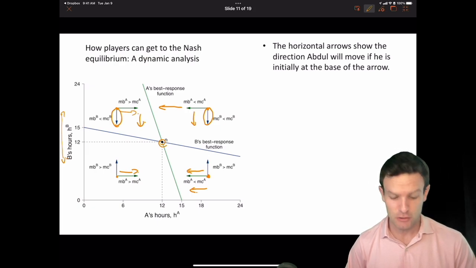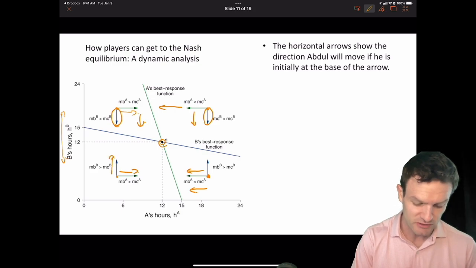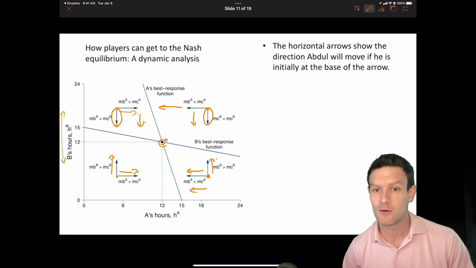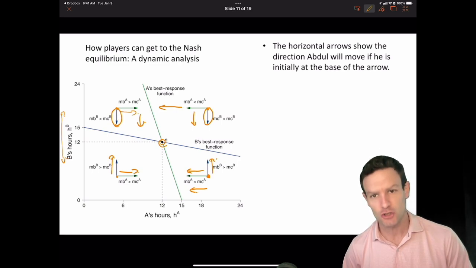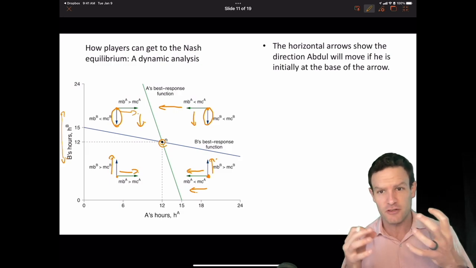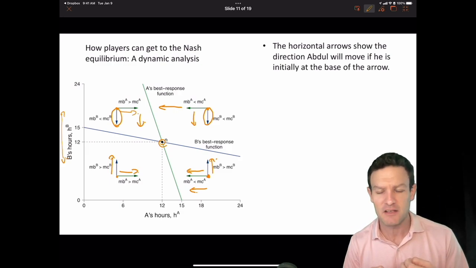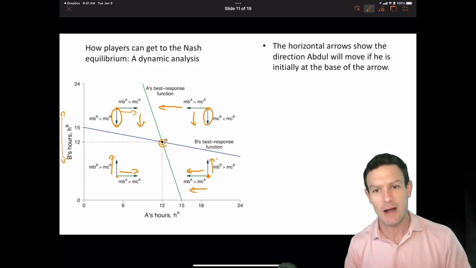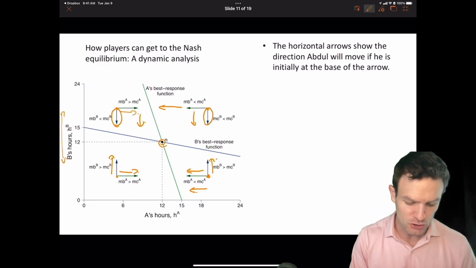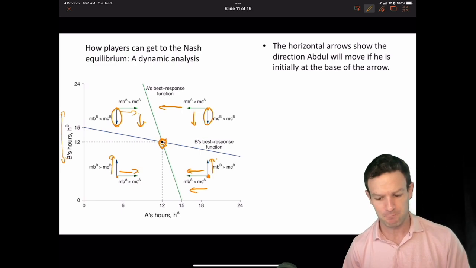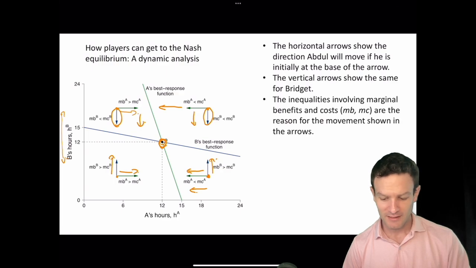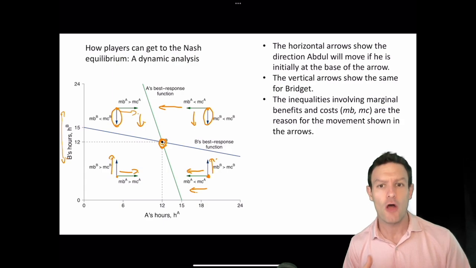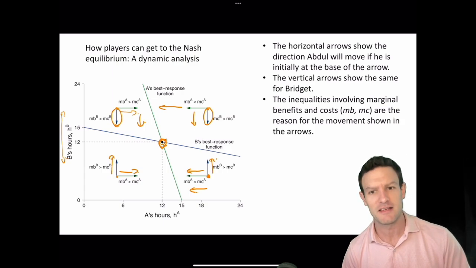We also see that there are cases where she should increase her number of hours spent fishing when the marginal benefits of an extra hour of fishing exceed the marginal cost of it. And for each of them, these arrows indicating the dynamics suggest either the increasing or decreasing of hours spent fishing that will take them towards the Nash equilibrium. So, the inequalities involving the marginal benefits and marginal costs are the reasons for the movements shown in these arrows.